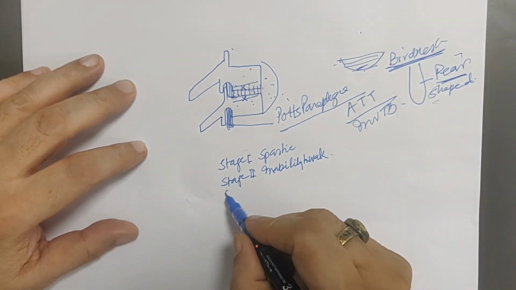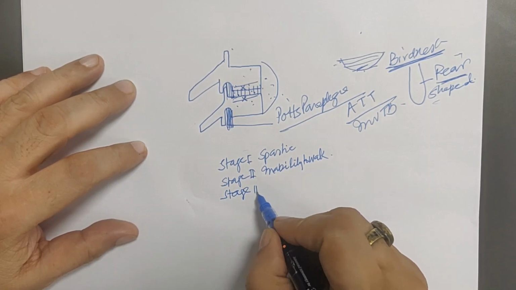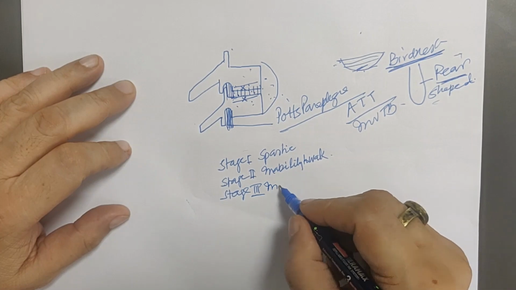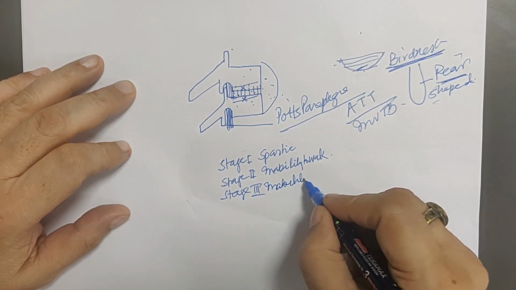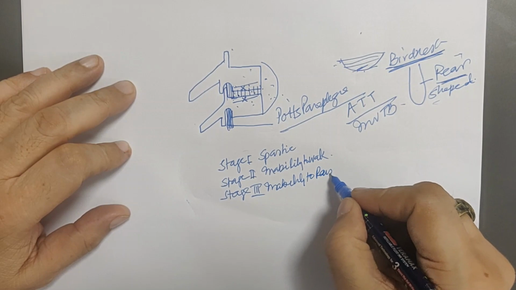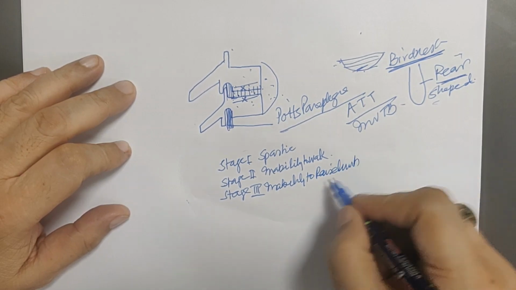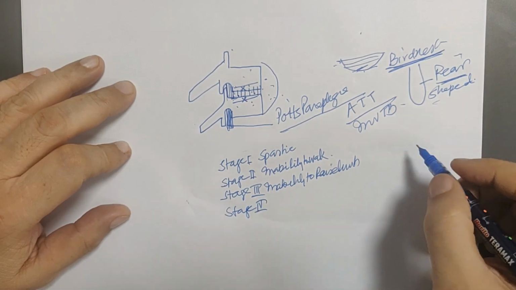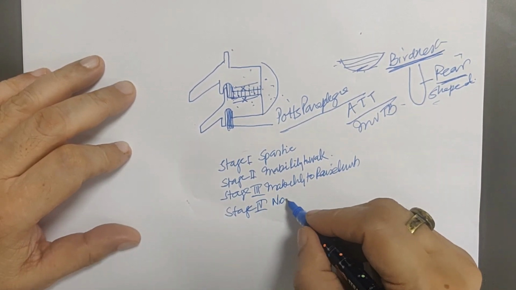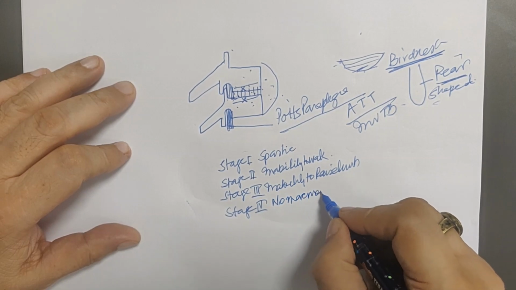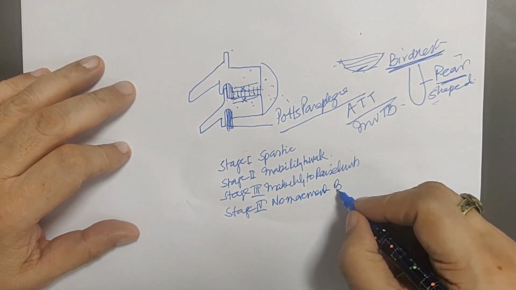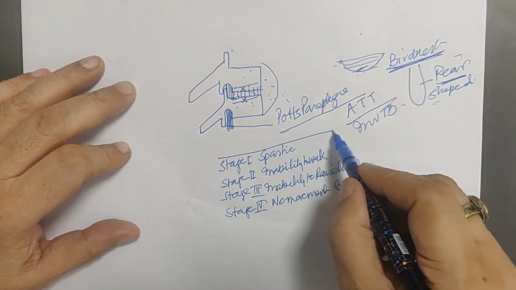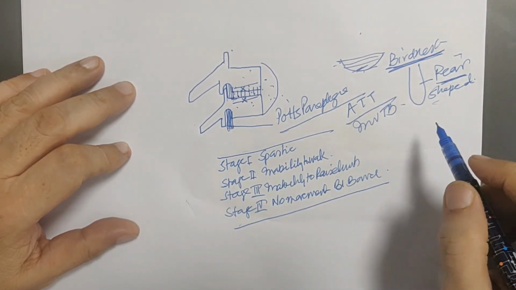Stage 3, inability to raise the limb in the air. Stage 4, no movement or bladder bowel involvement. So these are the stages of Pott's paraplegia.